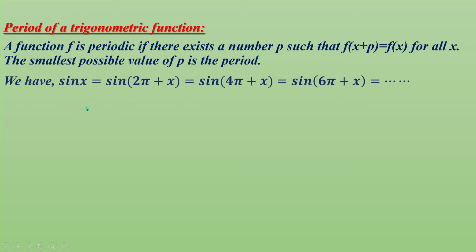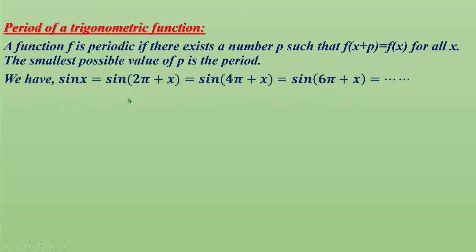Follow here sin x. When you put 2 pi plus x or 4 pi plus x or 6 pi plus x instead of x, you will always get sin x, that means f of x. Clear?